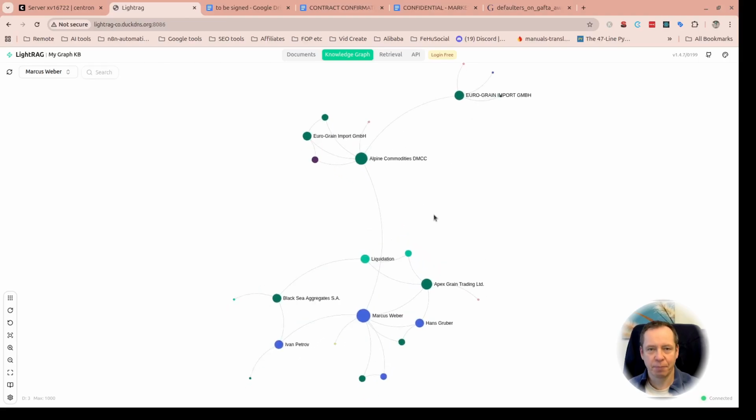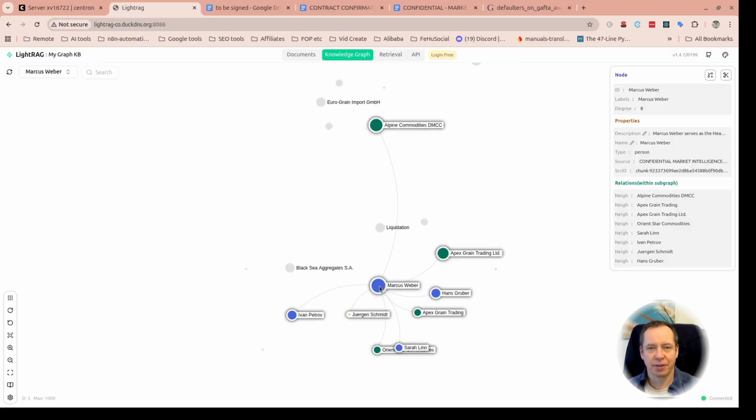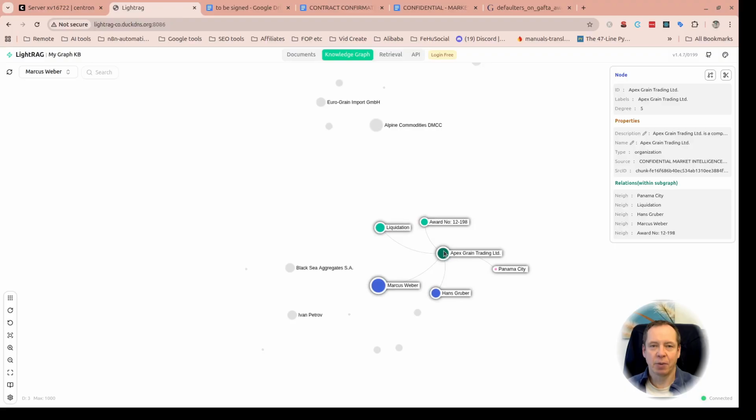This is what LightRAG built autonomously. In the center, we have Marcus Weber. We see the link to our new potential partner, Alpine Commodities. But look closely. LightRAG has drawn a line from Marcus Weber to a completely different entity, Apex Grain Trading. And from Apex, there is a direct link to a status node, liquidation, and defaulted.